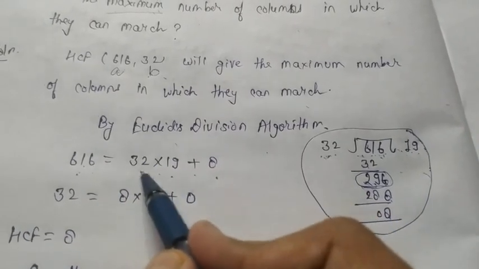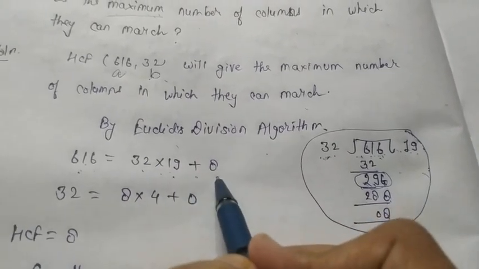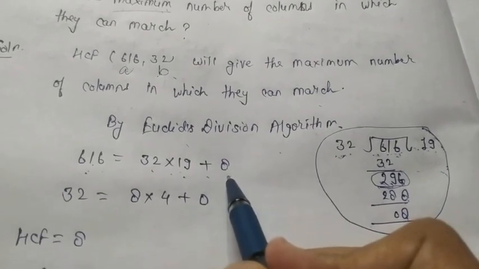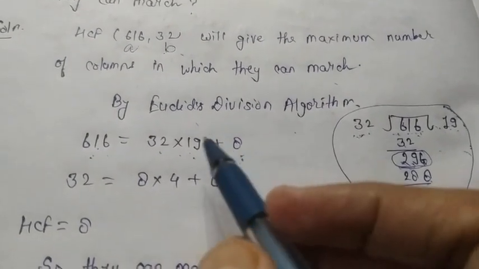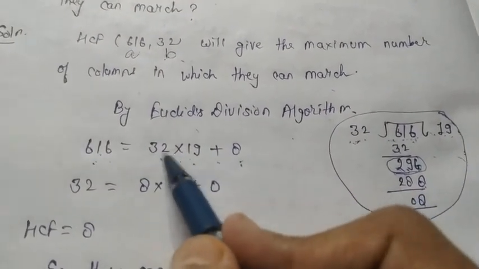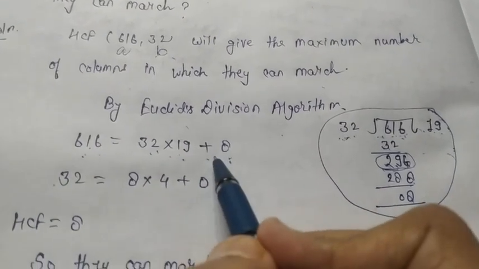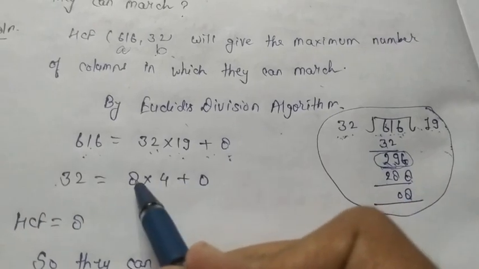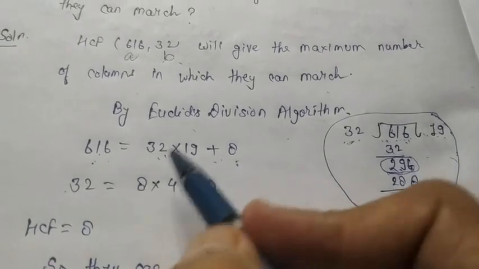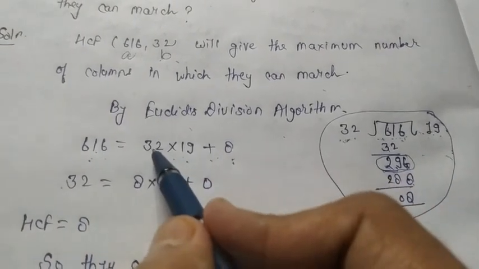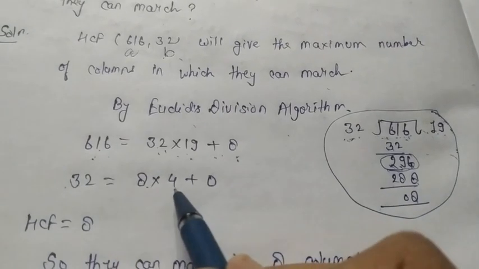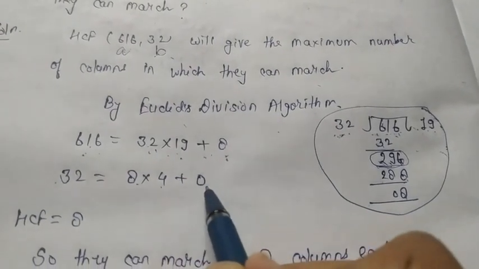Dividend is equal to divisor into quotient plus remainder, same thing. Now students, in Euclid's division algorithm, the divisor of the first step becomes the dividend of the second step, and the remainder of the first step becomes the divisor of the second step. Now when 32 is divided by 8, you get quotient 4 and remainder 0.